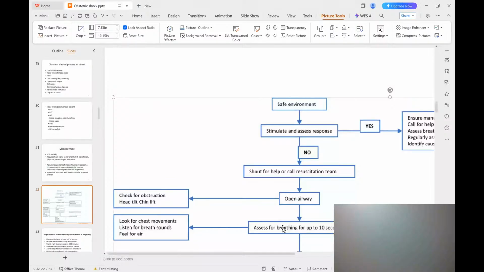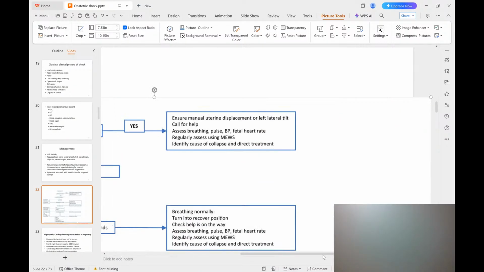And we'll assess breathing for up to 10 seconds by look, listen, and feel. Look for chest movement, listen for breath sounds, and feel for air. If the patient is breathing normally, we can turn them into the recovery position and continually assess breathing, pulse, BP, and fetal heart rate, and regularly assess, identify the cause, and treat.